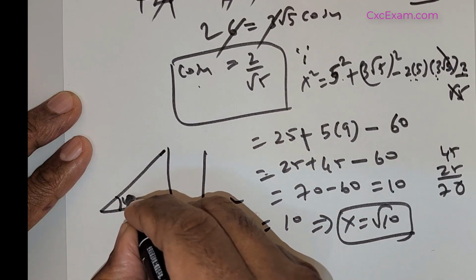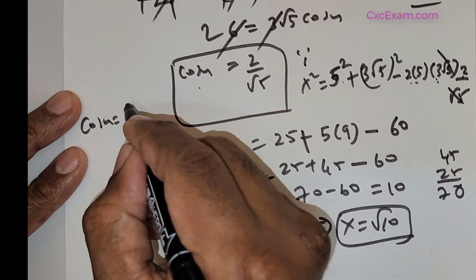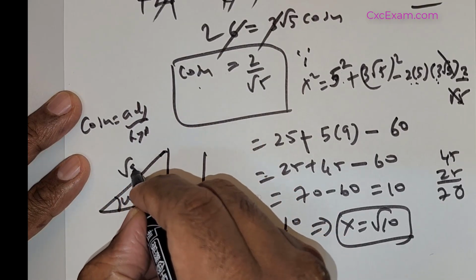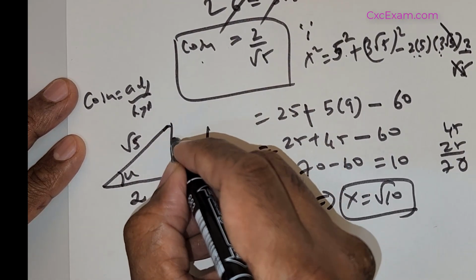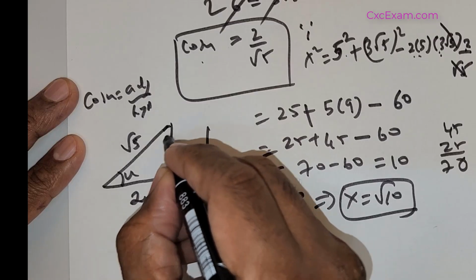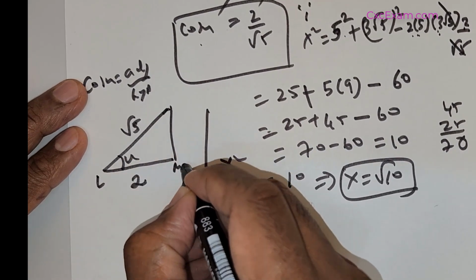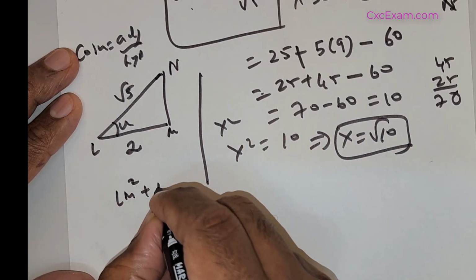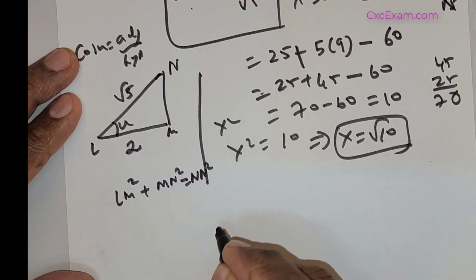Now this is going to be my u, and cos u is given to be the adjacent side divided by hypotenuse. So my hypotenuse is root of 5. My adjacent side is going to be 2. I need to get the opposite side. So if I were to take this as, say, some LMN, by Pythagoras, LM squared plus MN squared is equal to LN squared.